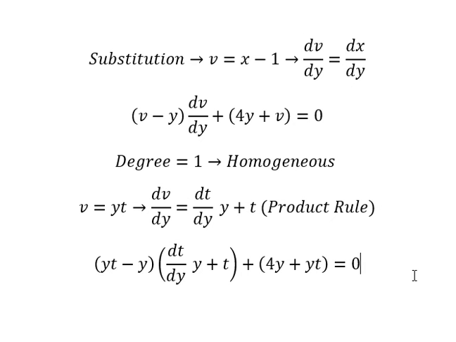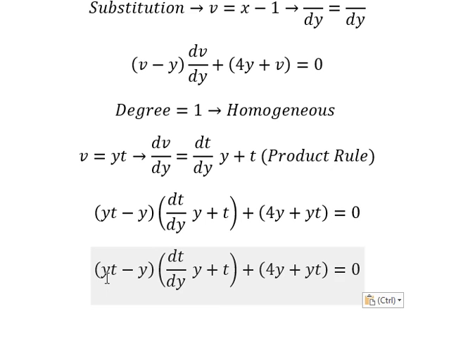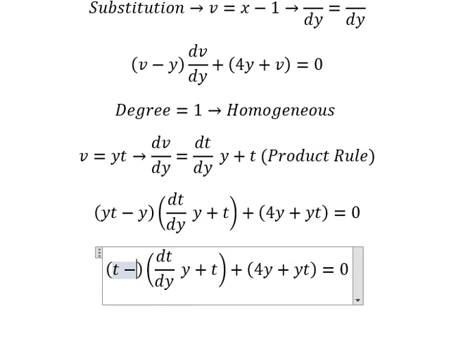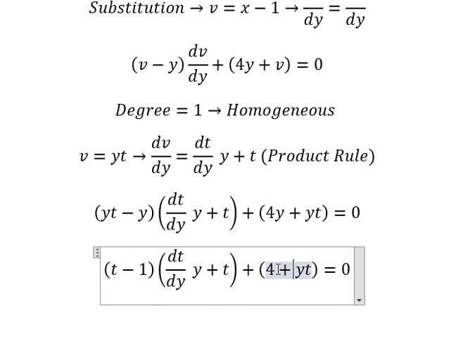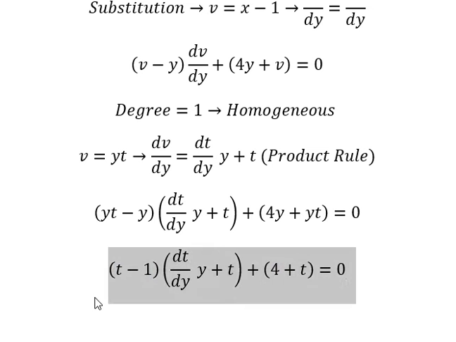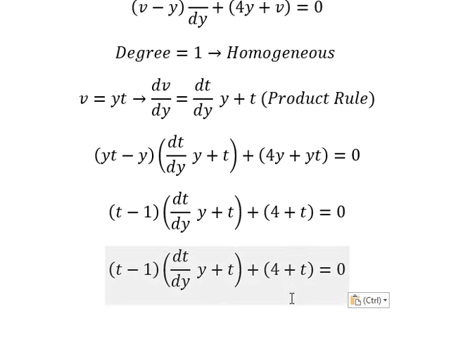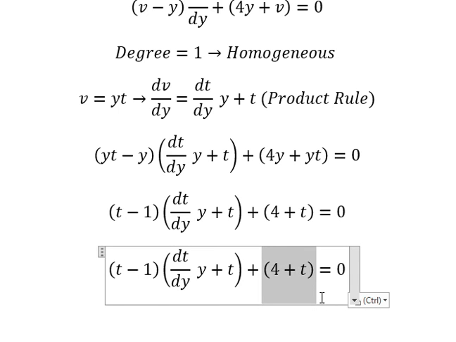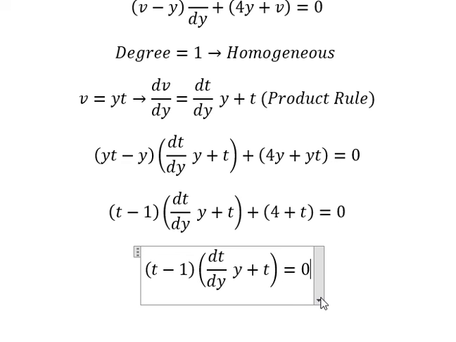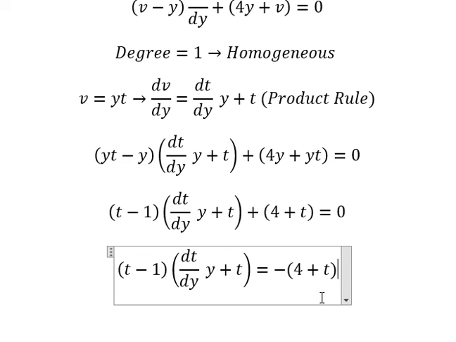Next we simplify y for both sides. Next I will put this one go to the right. Next, we divide both sides by t minus 1.